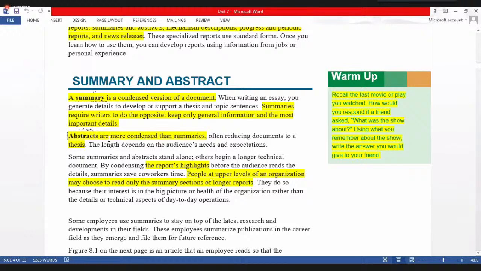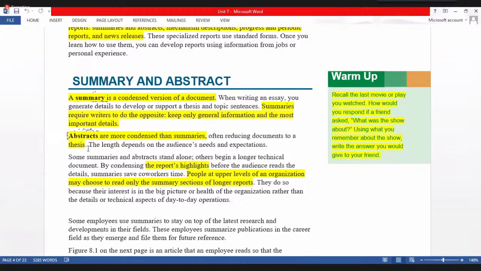Abstracts are more condensed than summaries. And here we present only the thesis, that is the main ideas. I mean, what does the story talk about? In plus two also you have read different stories, right?